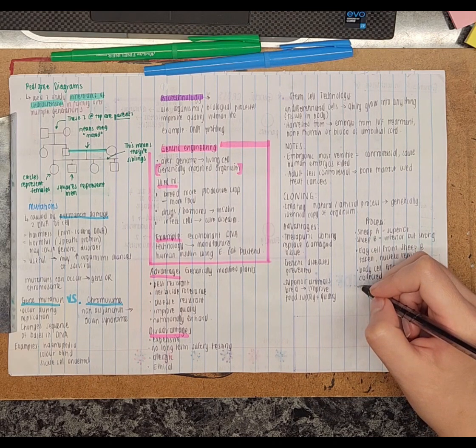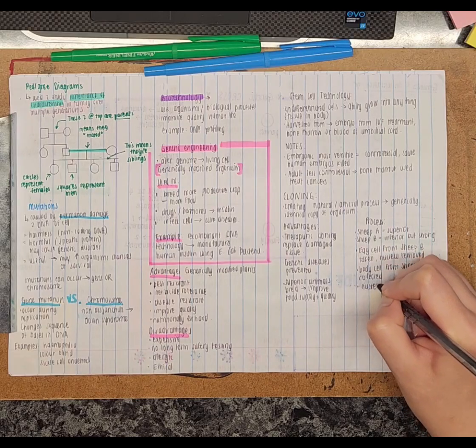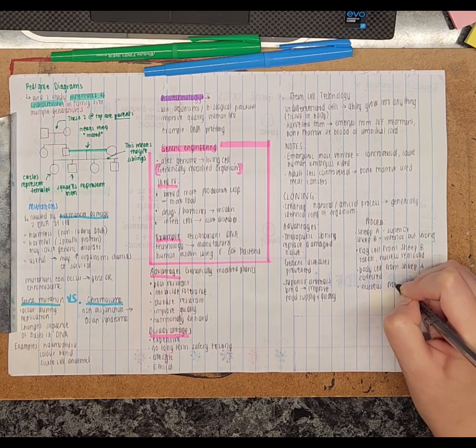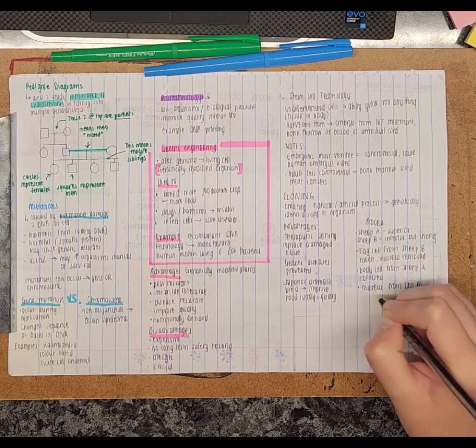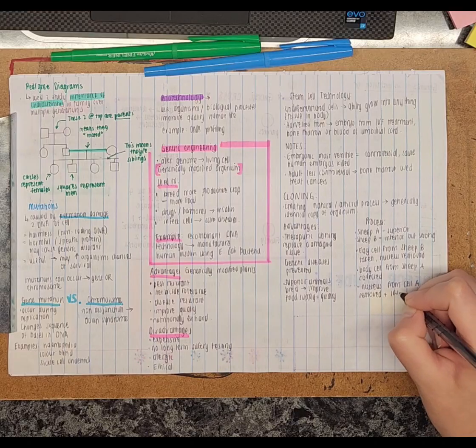So the nucleus from the one is in the egg of the other. Then this egg cell is stimulated with a shock, and it starts dividing by mitosis. The egg cell now has DNA from sheep A, which will grow into an embryo.